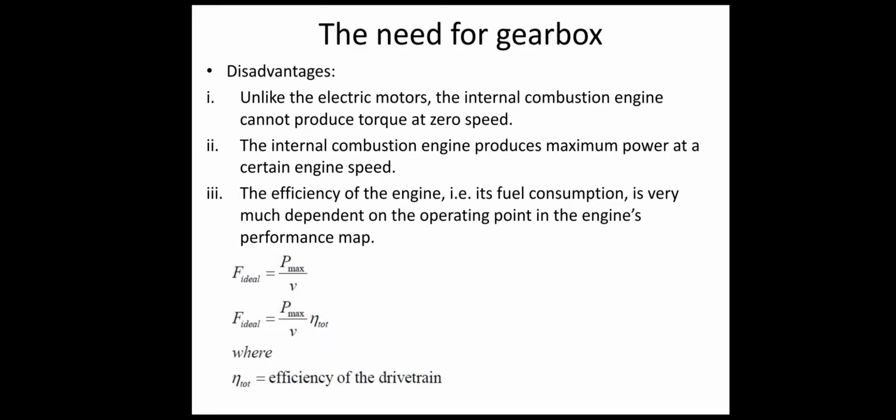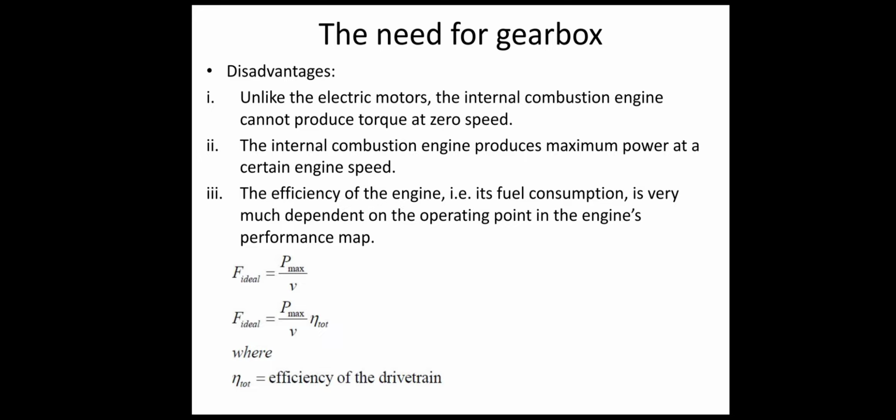Third is the efficiency of the engine, that is, its fuel consumption depends very much on the operating point in the engine's performance map. If you drive your vehicle in economy mode, you can see this economy zone in green in various vehicles, on the speed dial.